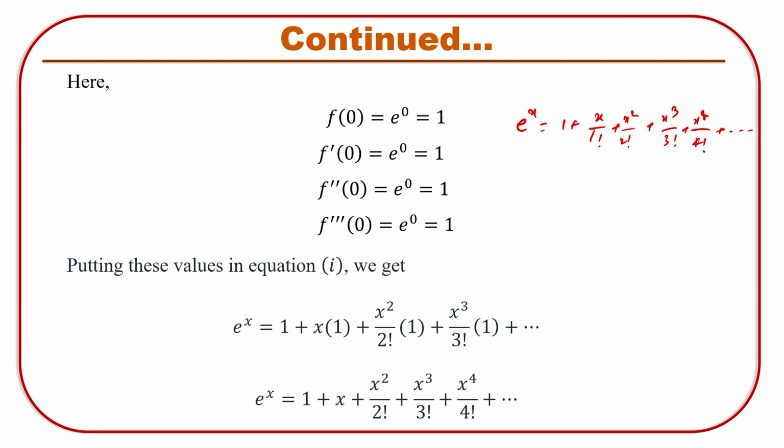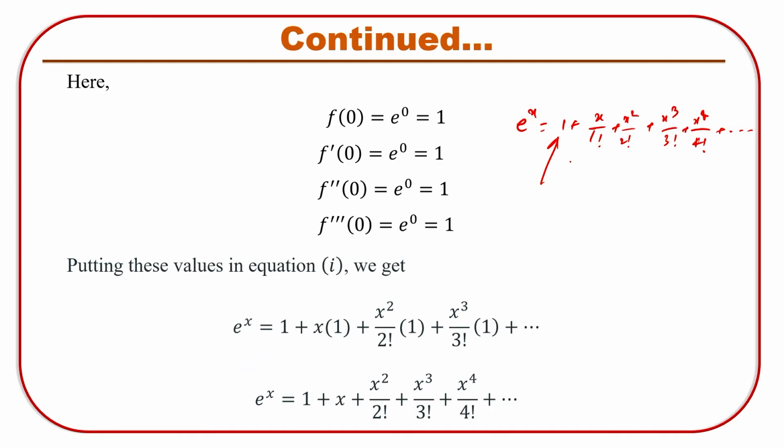On the right-hand side, as you can see, these are infinite terms, from the constant term to x, the first order, then the second order, the third order, the fourth order, and so on. So it's a sum of polynomials of different orders that is equal to only one function, that is f(x).